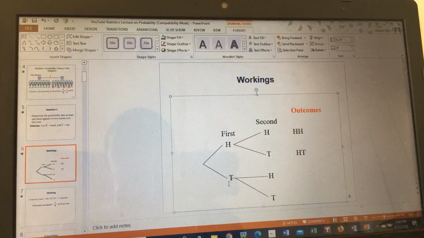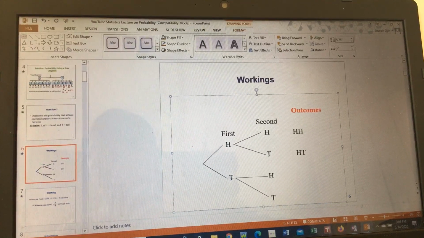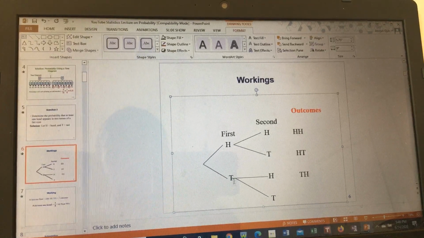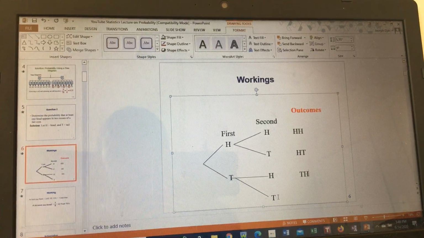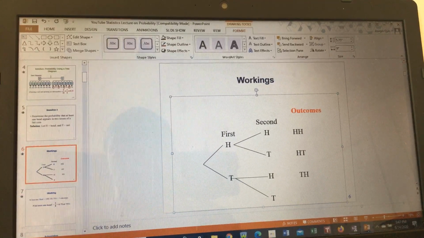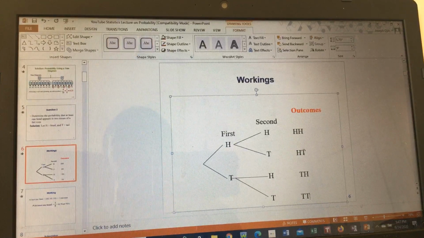Or when we toss it the first time, tail might show up, then on the second toss head might show up, giving us tail, head. Or tail on the first toss and tail on the second toss, giving us tail, tail. So these are the possible outcomes: head, head, head, tail, tail, head, tail, tail.